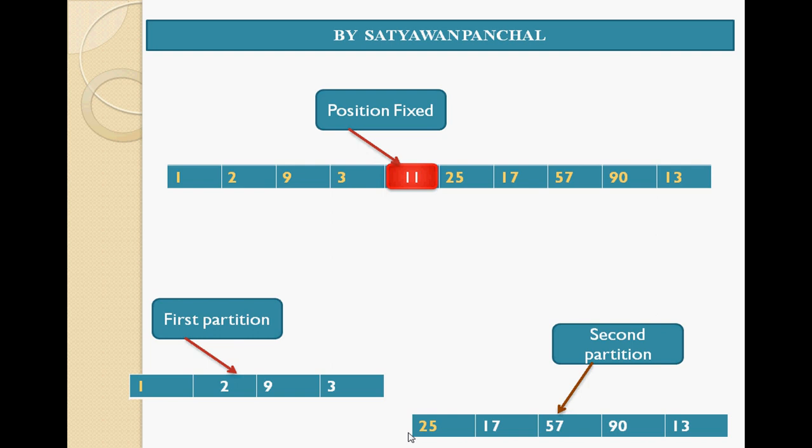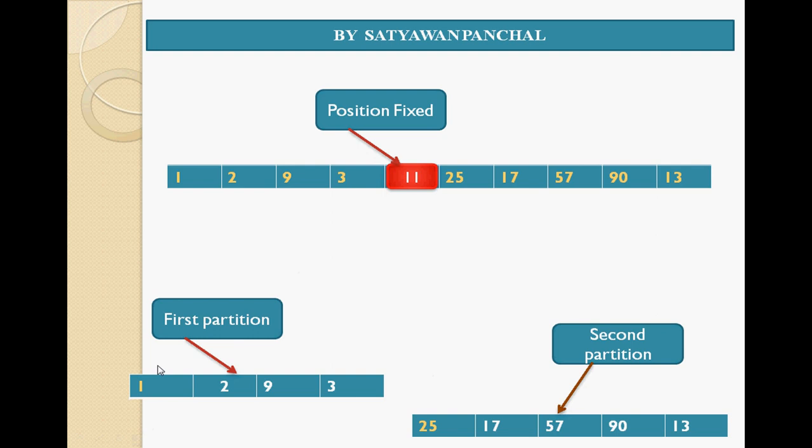In the first iteration I have shown that I took a pivot, then all the elements on the left side of the pivot are smaller than the pivot, and all the elements on the right side of the pivot are the greater ones. So this complete list is now divided into two parts. You can see here the first partition and the second partition. They are now taken to be individual lists.